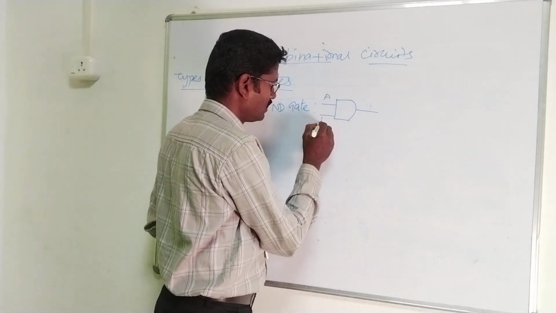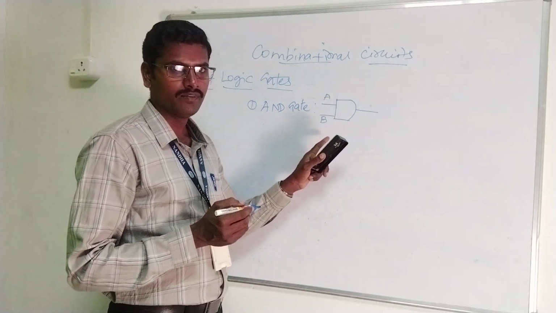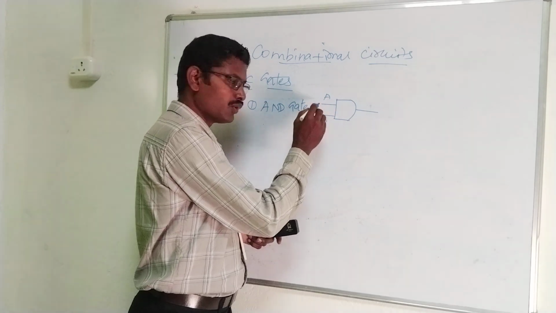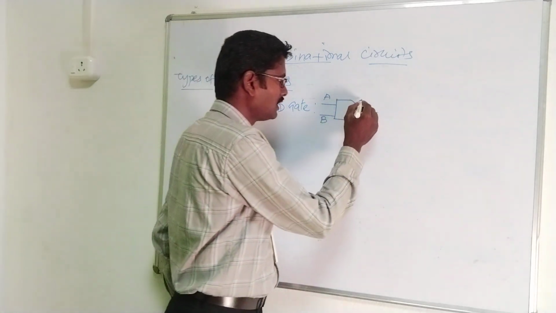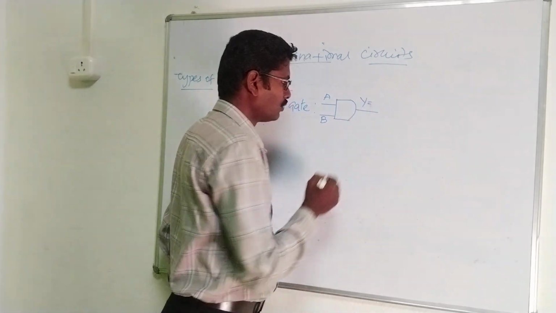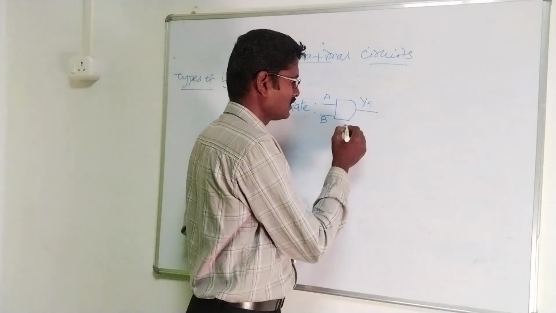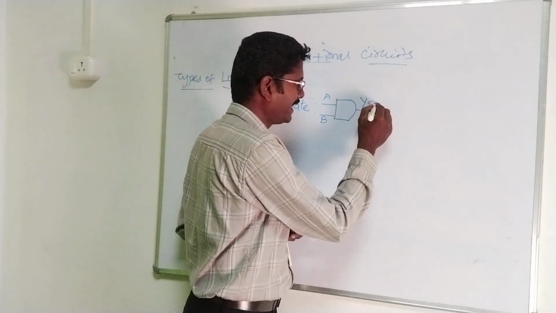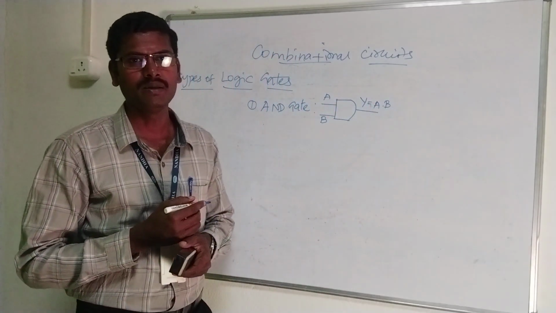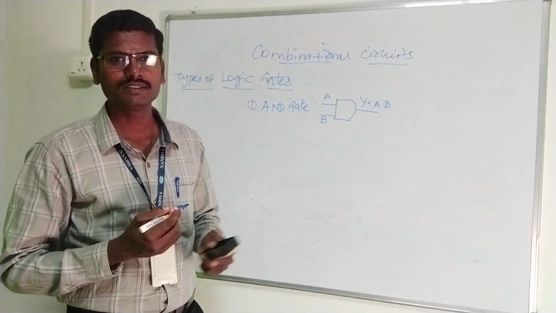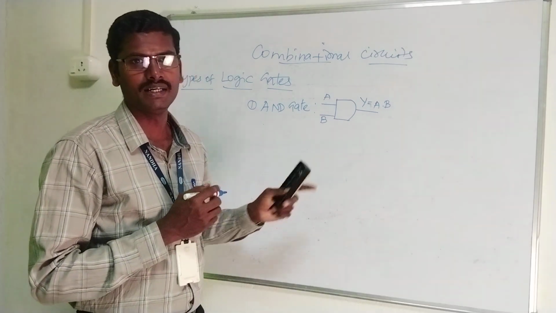This is the symbol for the AND gate, and the input variables are A and B. We will be giving either 0 or 1 for A, similarly 0 or 1 for B. Similarly, the output variable is Y. The equivalent expression for this AND gate is Y is equal to A dot B. That is multiplication, in simple words. So this is the equivalent expression for the AND gate.